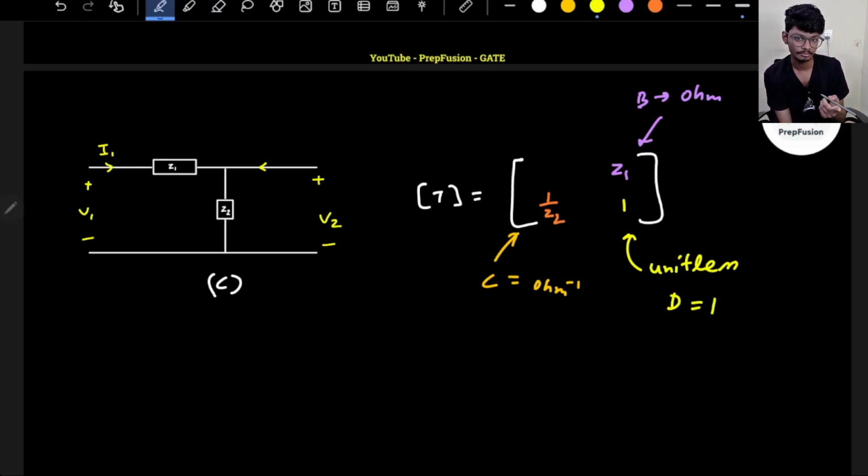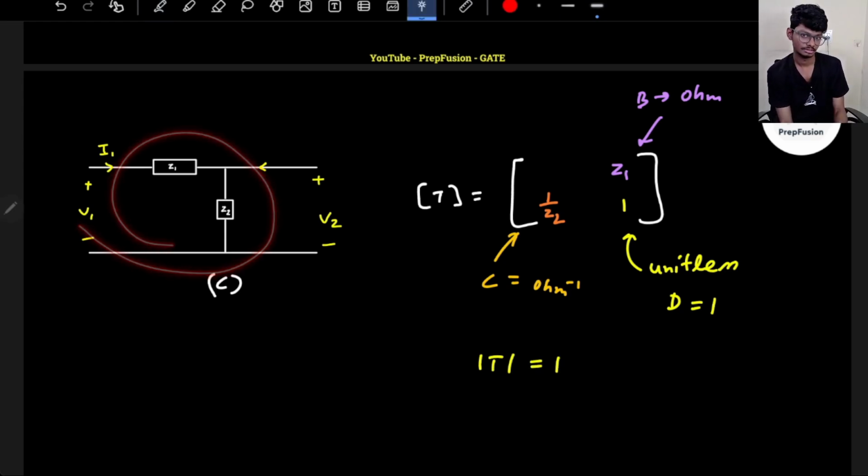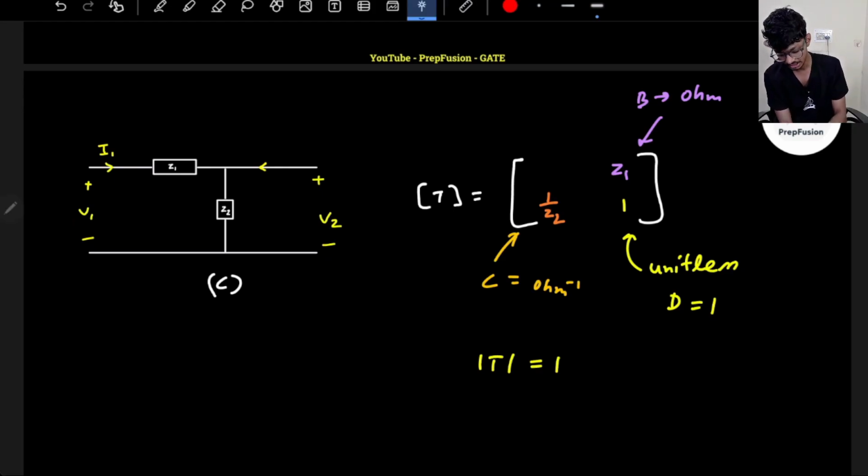Now you can take help of the reciprocity condition. What is the reciprocity condition? The determinant of the ABCD matrix will be 1, because it only consists of passive elements like impedances. So if I assume here A, then A into 1, that is A, minus Z1 divided by Z2 must be equal to 1.